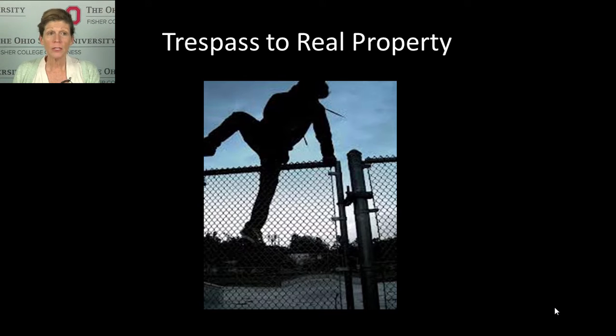The other time that trespass can occur, you could be on someone's property and they could ask you to leave. And if you don't leave at that point, that would be trespass to real property. So if you ask someone to leave your home and they don't leave it, they are now a trespasser. And you could sue them for the tort of trespass.